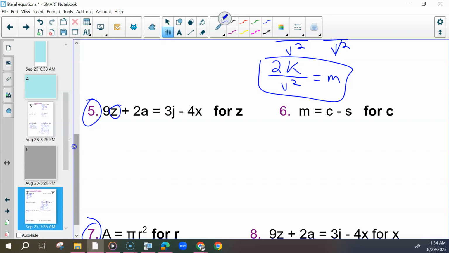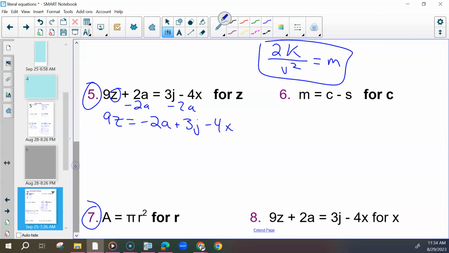Subtract. So anytime you get stuck or if you're not sure where to go first, you can always look at the actual operation and undo it. So subtract 2a to the other side. So these are my z's, just so we're all clear. I'm going to put this in the front to make this ABC order. And then our last step.